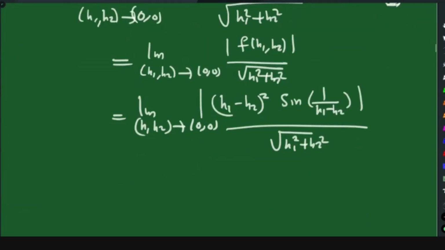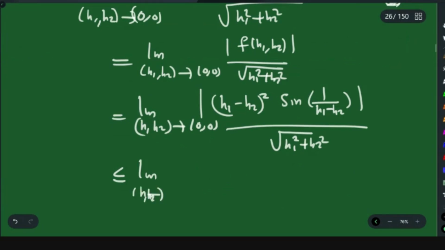Now you can bound this: it is less than or equal to limit (h1, h2) tends to (0, 0) of h1 minus h2 whole square, the modulus is not needed in fact because it is a square, since sine is bounded by 1, divided by root of h1 square plus h2 square.